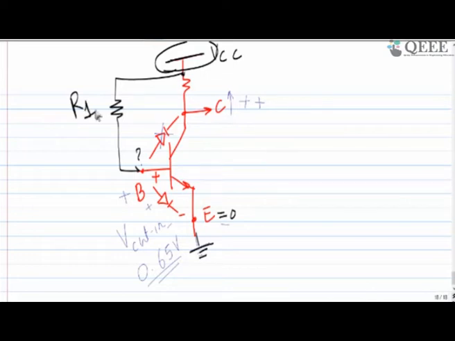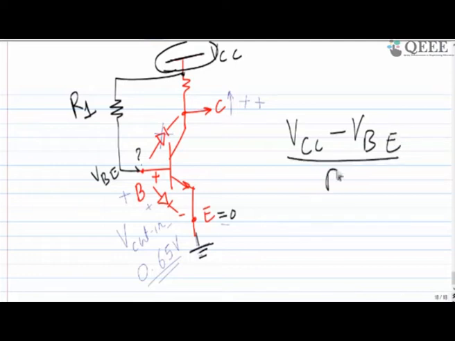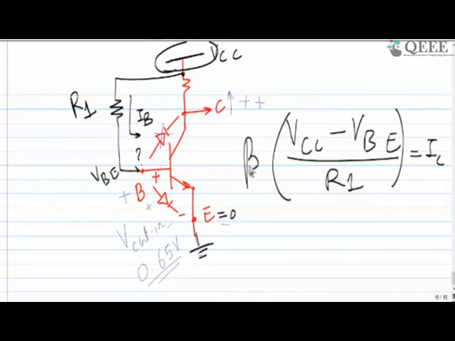So now what is happening, if this potential here is VBE with respect to emitter, and this is VCC, so VCC minus VBE divided by R1 is equal to IB, right? And I want to find out the collector current. So collector current is equal to beta times this one.